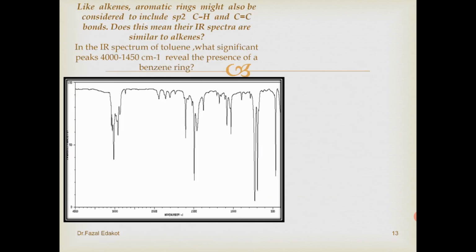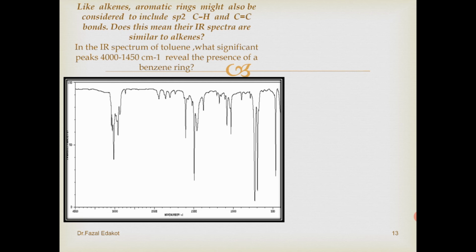If you keep extending the conjugation of the double bond, the best thing you may get is an aromatic compound. Like alkenes, an aromatic ring might also be considered to include sp2 CH and CC double bonds.